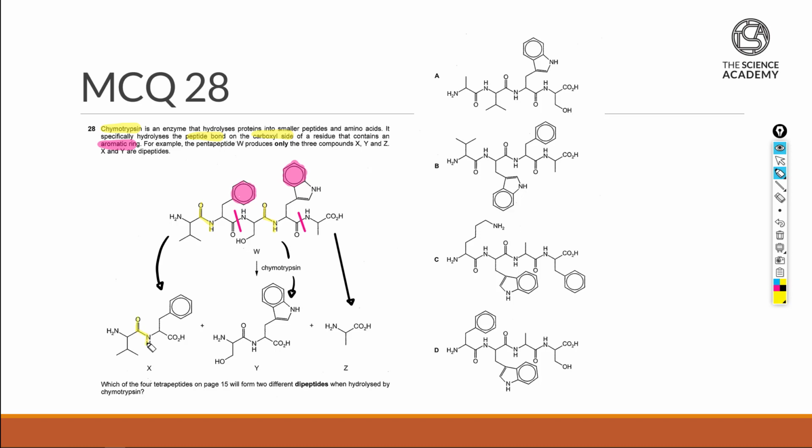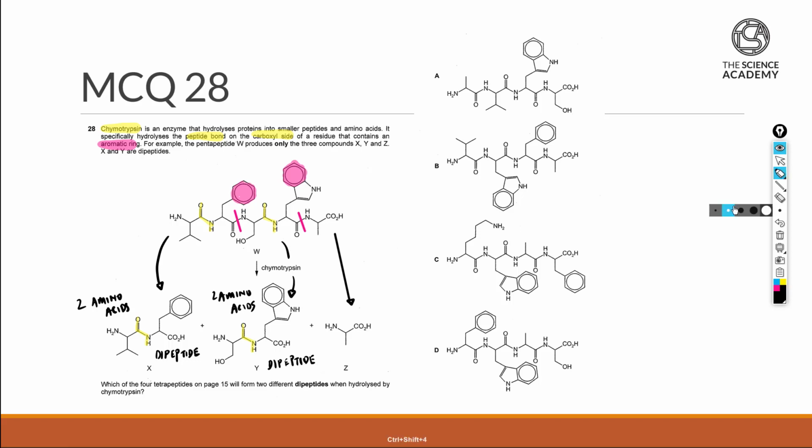Now, each peptide bond is found between two amino acids. So if you have two peptide bonds, it will be found between three amino acids. So for the case of X itself, because it contains two amino acids, X is considered to be a dipeptide. Similarly, for the case of Y, because there are two amino acids, it is also considered to be as a dipeptide as well.